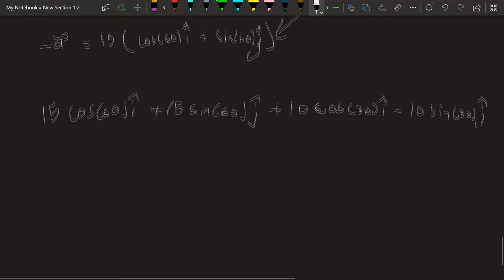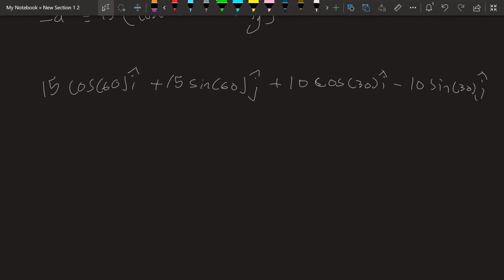Right? Now we're going to do some calculator magic. We're going to end up with something like, give me a second, calculator magic coming up. So we're going to get (15 plus 10 radical 3 over 2)i, and for j, we're going to get 15 sine 60 minus 10 sine 30.